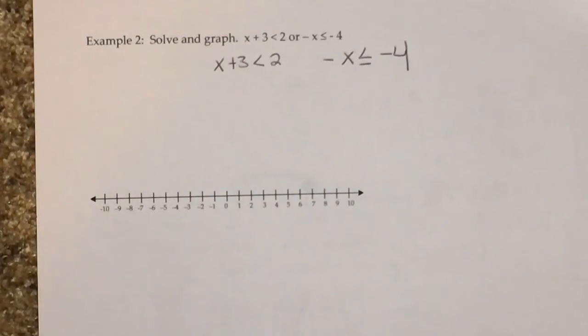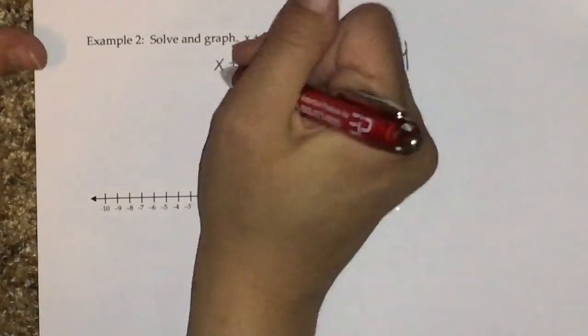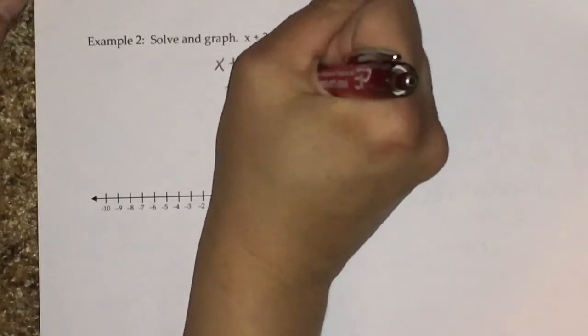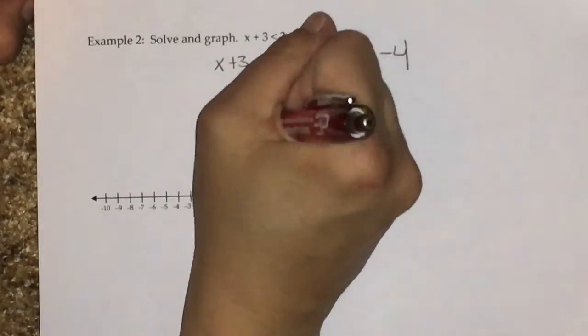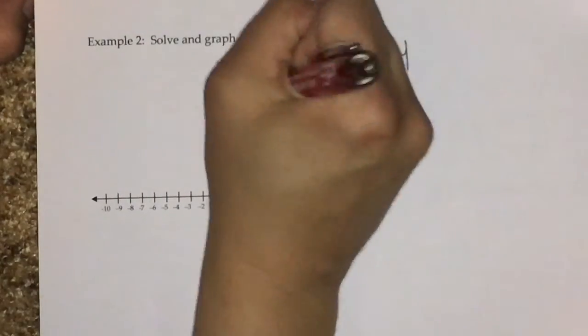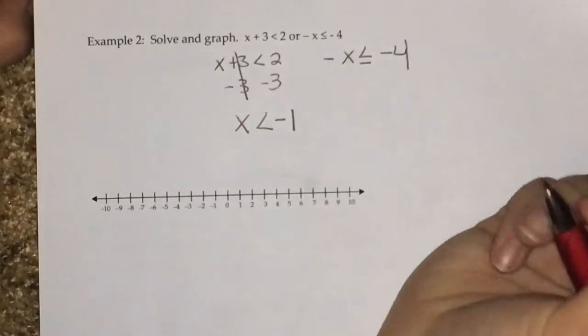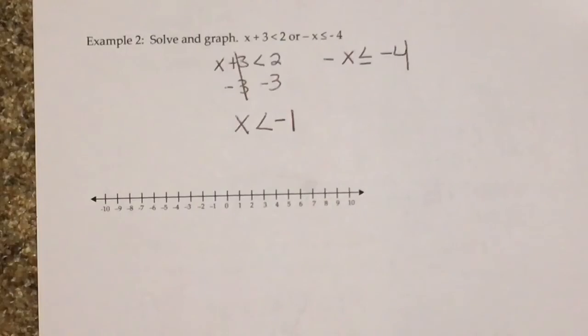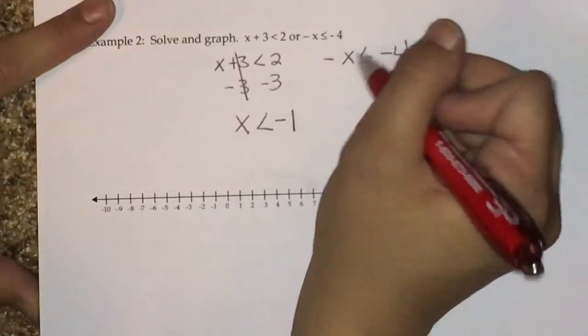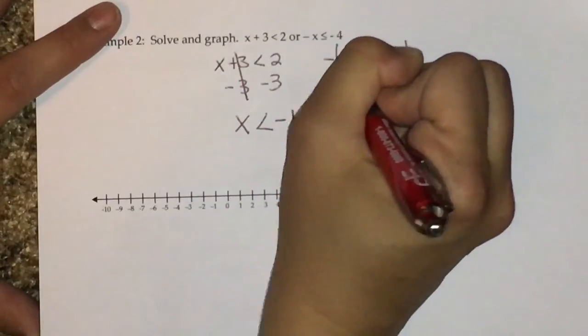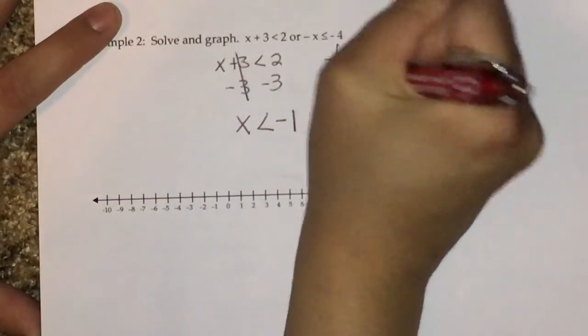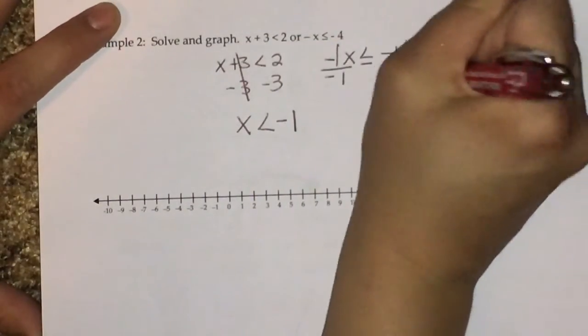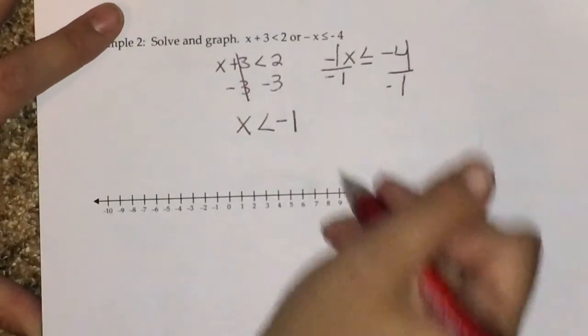So first we want to solve. In order to solve the first one, pretty simple, we're just going to subtract 3. And we get x is less than negative 1. Then over here we have negative x is less than or equal to negative 4. In order to get rid of something that's being multiplied by negative 1, we are going to divide both sides by negative 1.